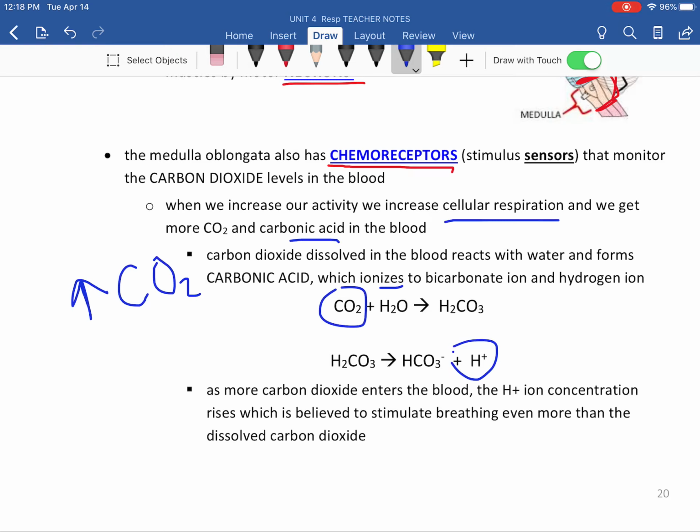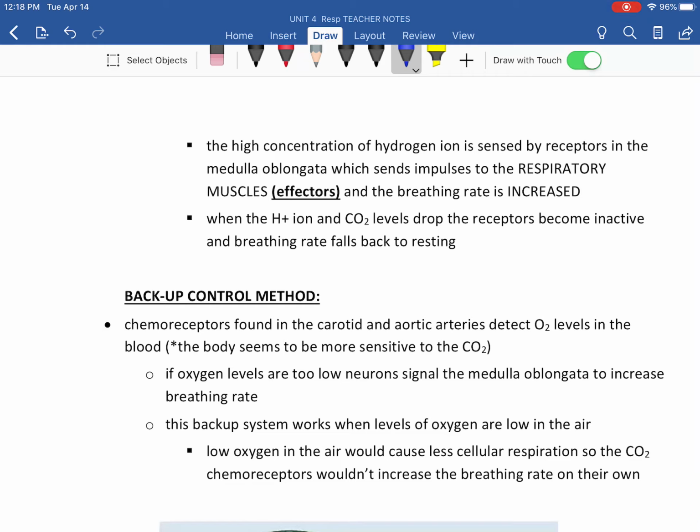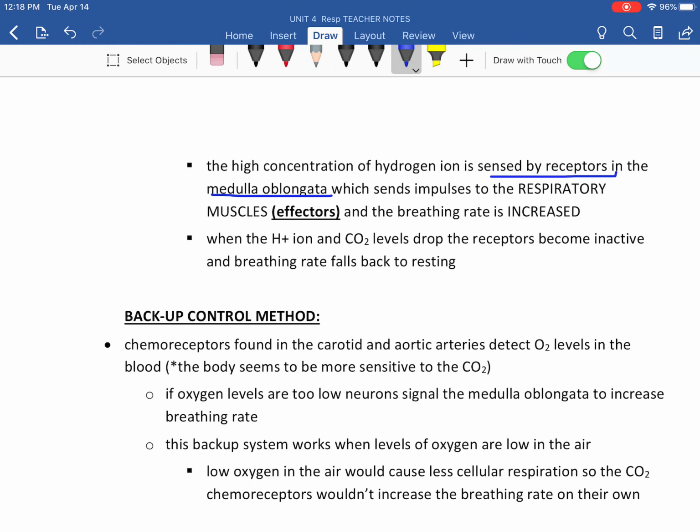So our body is sensitive to carbon dioxide as well as that hydrogen ion, and that's going to stimulate faster breathing. So how this works is that the concentration of the hydrogen ion and the carbon dioxide is sensed by receptors in the medulla oblongata. So that part of our brain senses the increase of that hydrogen and carbon dioxide.